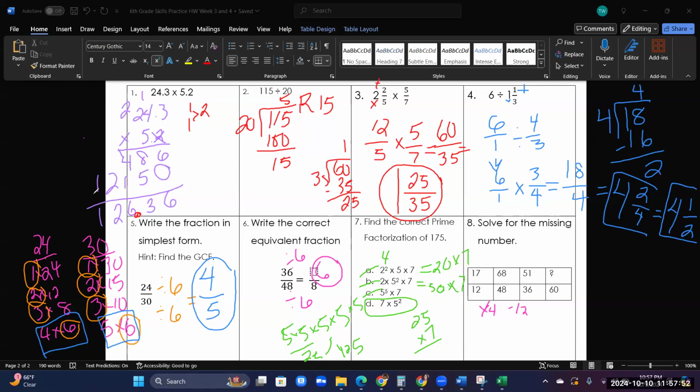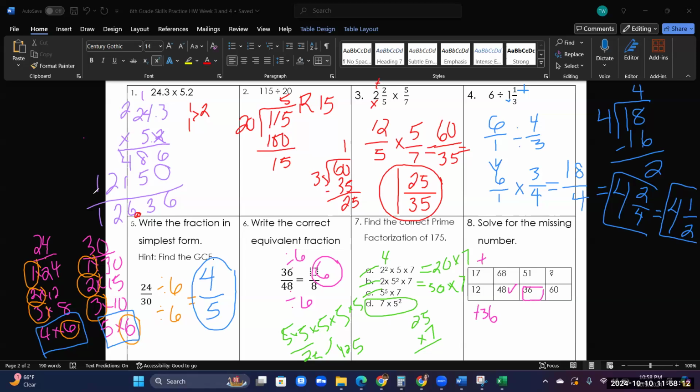Let's see, 12 plus what is 48? 36. Let's try that over. So 12 plus 36 is 48. So 48 goes here, and 36 went in this box.